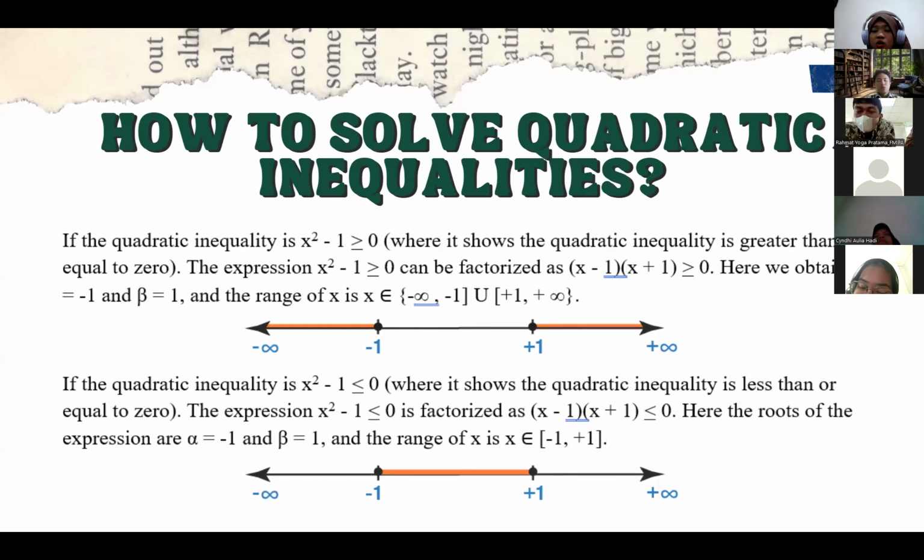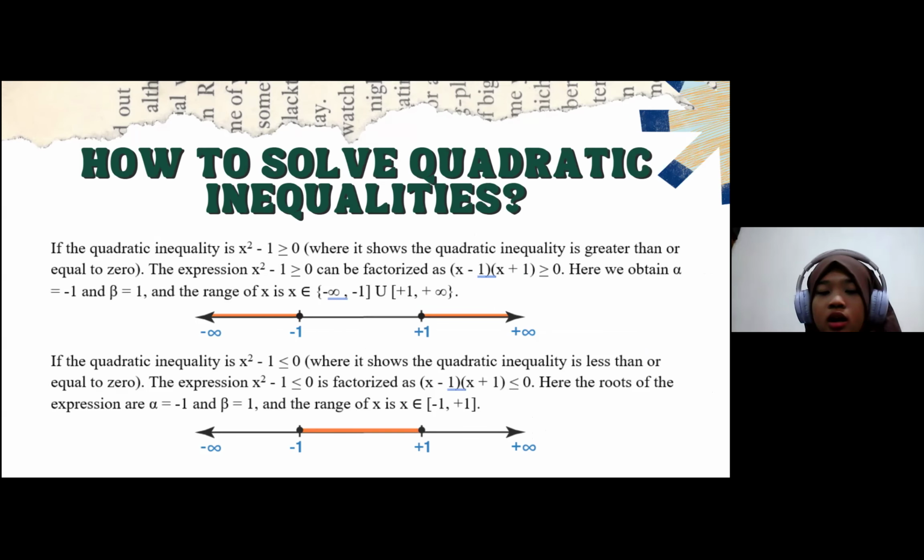The expression 1 subtracted by x squared, the difference is greater than or equal to 0, can be factorized as the first factor is 1 subtracted by x and the second factor is x added to 1 is greater than or equal to 0. Here we can obtain alpha, or the first factor, is equal to -1 and beta, or the second factor, is equal to 1.